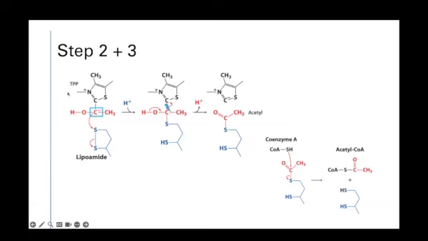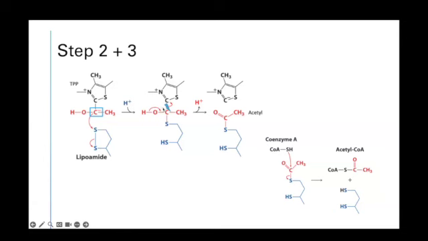And that disulfide bond on the lipoic acid is the active portion, which is responsible for the transfer from E1 to E2. So we attack that hydroxyethyl group and transfer it onto the lipoamide group right here. So that disulfide bond is broken, and now it carries that acetyl group.